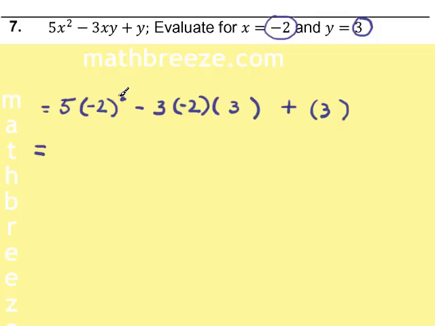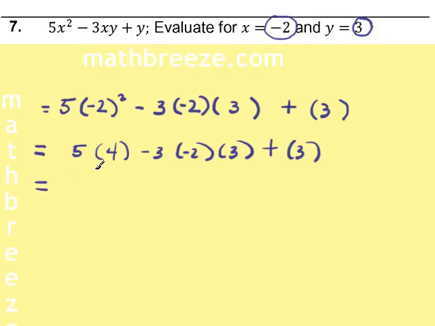Okay. -2 squared is +4. I'm just rewriting everything and just getting ready to do our operations left to right. Here we have a 20. And now we're multiplying. Remember, there's an imaginary plus sign right here.